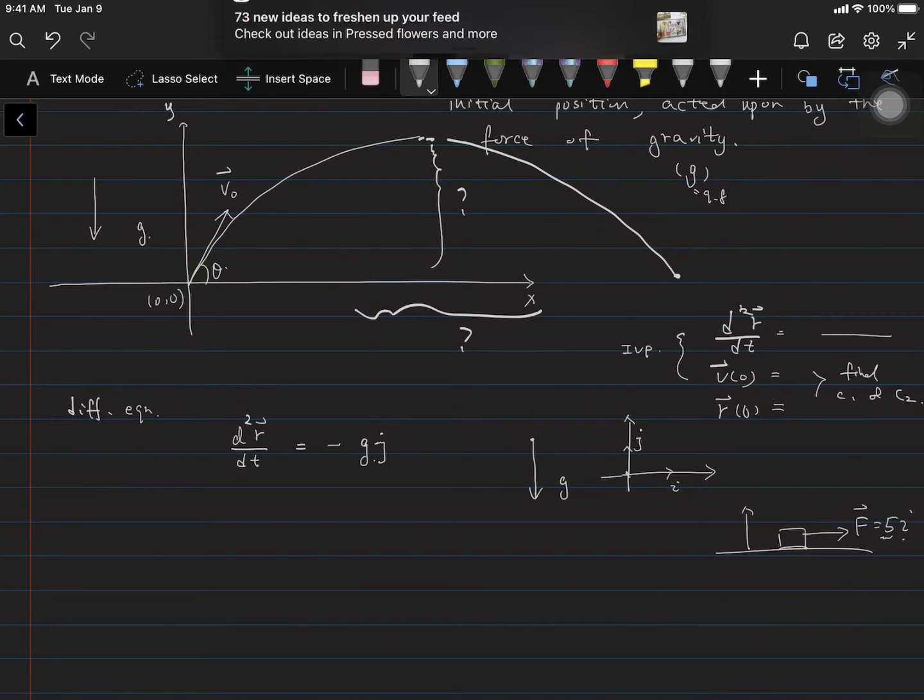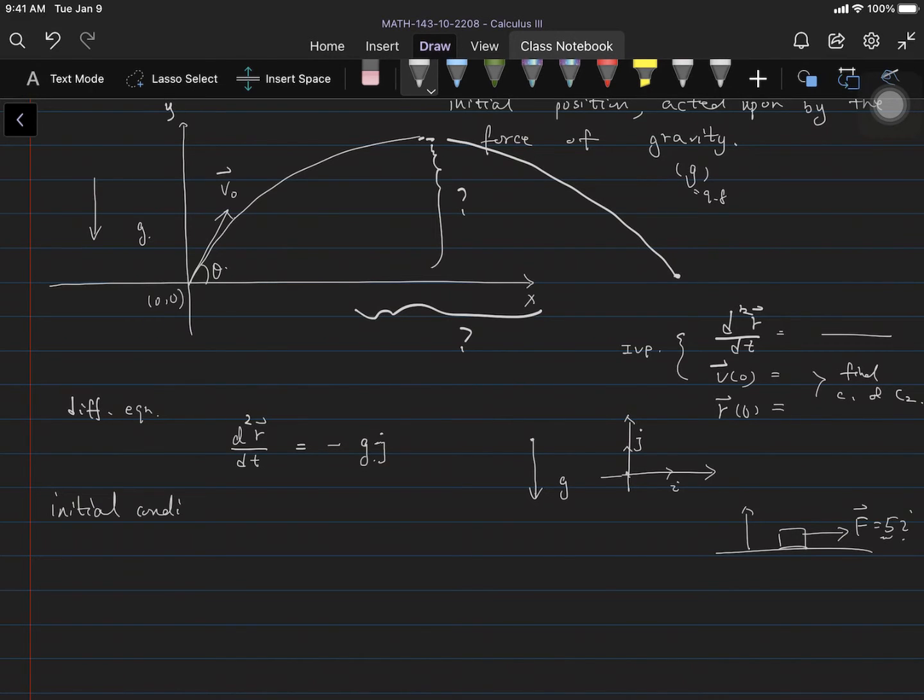So initial condition. What's the initial condition? The initial condition we know is R initial, given by R naught. So for this case, it's the origin, 0, 0.